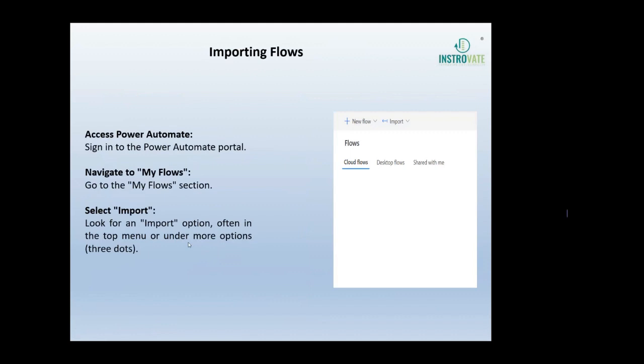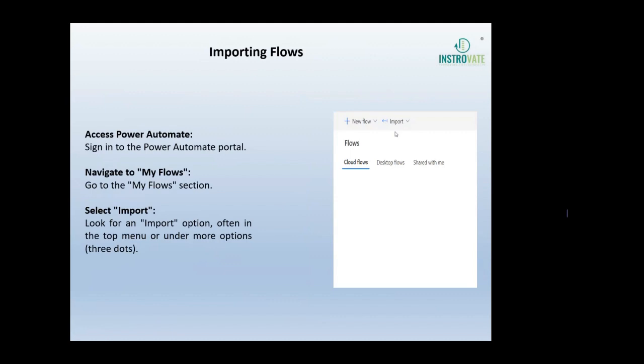Similarly, you can import the flow. On the top toolbar you will find this import option. First you need to go to the My Flows section, and you can simply find this import option at the top, and when you click on that, you first need to select the flow you want to import.